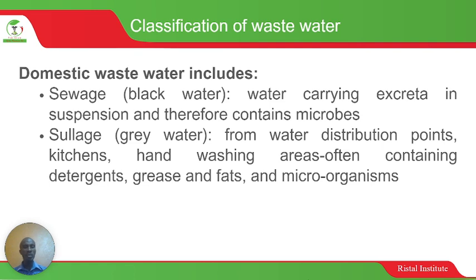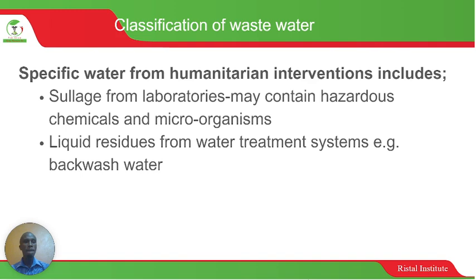So it can also be containing grease and fats, especially if it is from the showers or bathrooms. And it will also have microorganisms, but the microorganisms here might not be as intense as the ones in black water or the sewage.